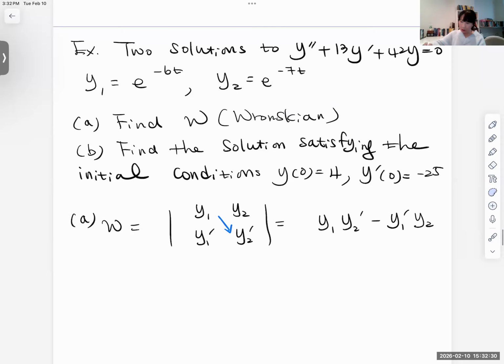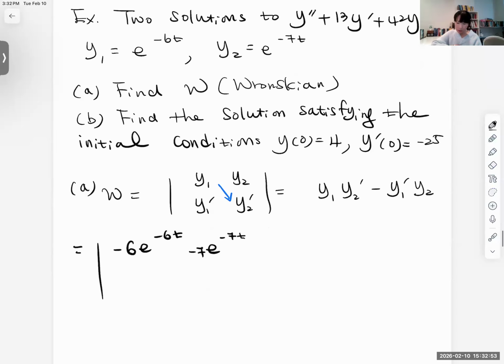All right, so first one. y sub 1, negative 6 e to the negative 6t, right? y sub 2, e to the negative 7t and negative 7, right? Okay, now, no, no, no. What I'm doing is just by itself. We're not doing derivatives yet, right? Okay, now we do derivatives, right?